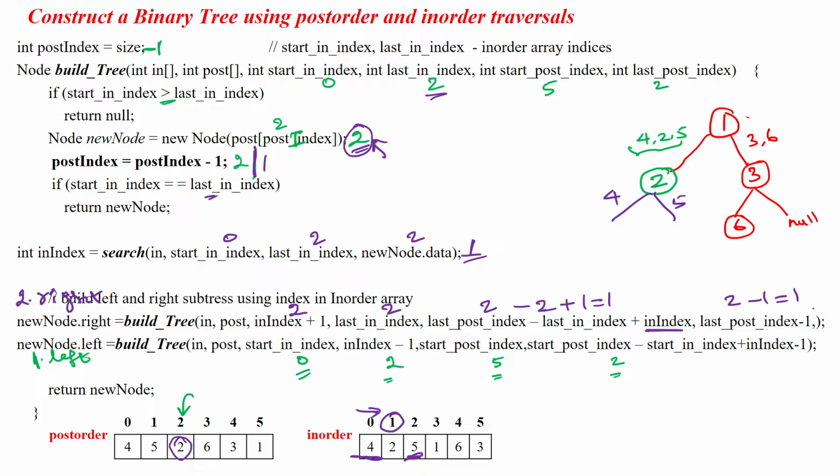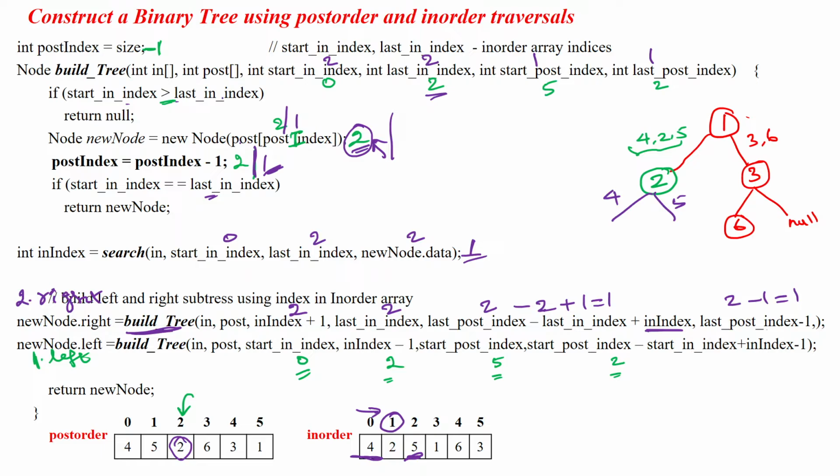So now we are calling the recursion, build_tree recursion. We are passing the values 2, 2, 1, and here also 1. Now we are checking whether starting index is greater than last index, no, it is false. Then the post index value is 1, so we are creating a new node.